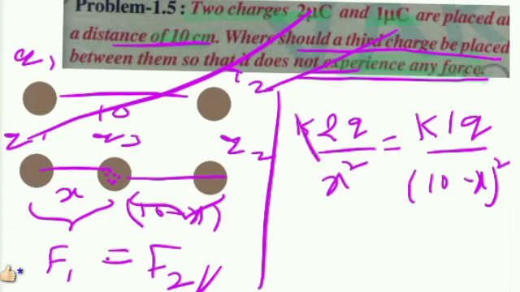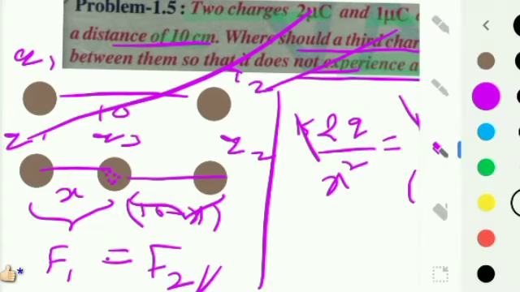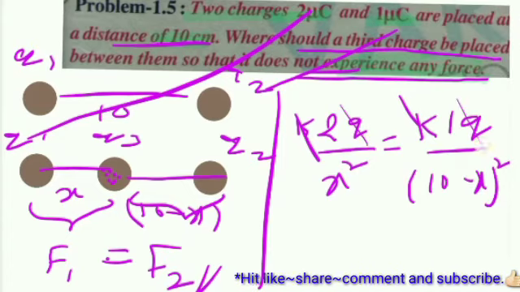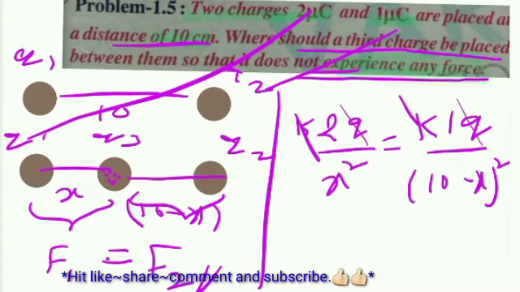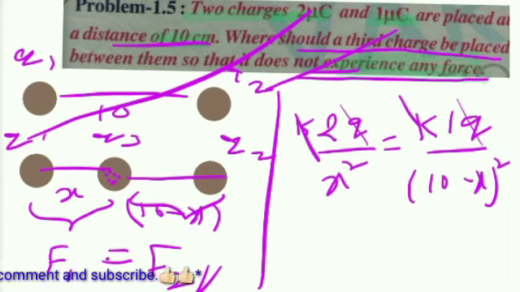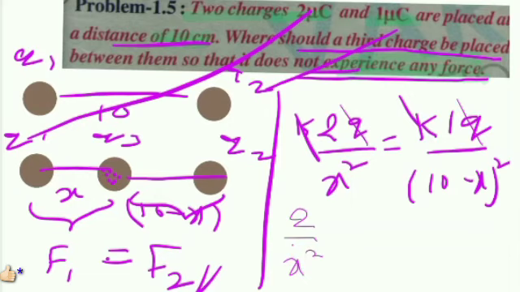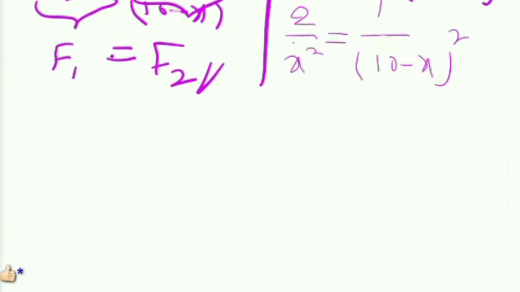Here K gets cancelled and Q also gets cancelled. Now 2 by x square is equal to 1 by 10 minus x whole square.